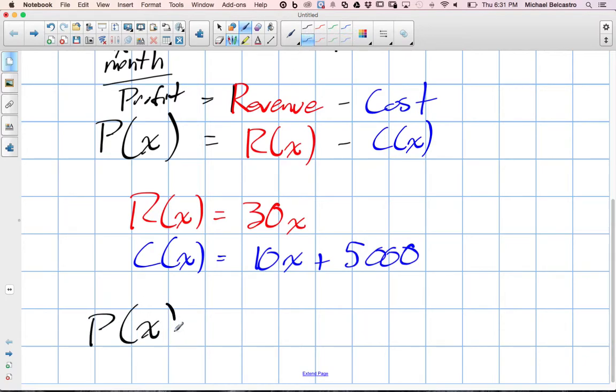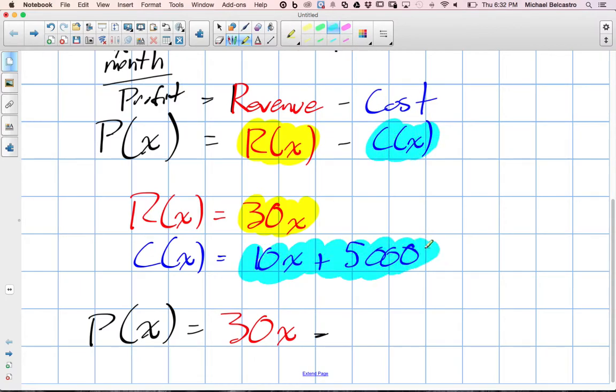Okay, our profit function, we're going to replace the revenue with our 30x. Right, so we get 30x, and we're then going to subtract our cost function, which is 10x plus 5,000. Okay, so I'm going to put that in brackets so we can talk about this subtraction here.